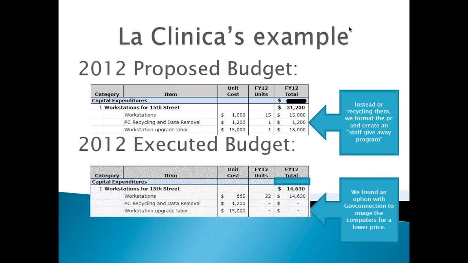This was the budget. What we really did is we tried to work around a little bit, and we found a good provider of technology or hardware. We are working with Gov Connection. Someone recommended Gov Connection, and we created an account with them. These people have been really, really good in providing us with hardware at a really good price.